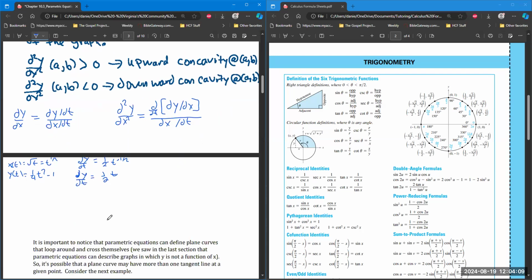So dy/dx in terms of t is 1/2 t, or t over 2, divided by 1/2 square root of t. So this is going to be 2 square root of t over 2, which is square root of t, or if you prefer, t to the 1/2 will work just as well.